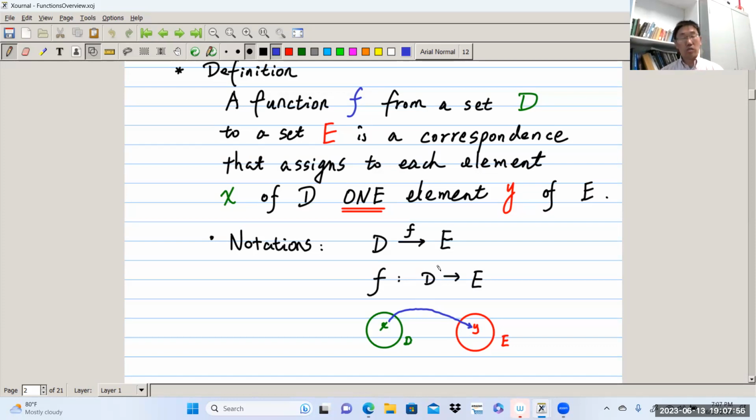Each input is from this collection D, and each output is in the collection E. That's why we have D right arrow E. It's a mapping from D to E. Sometimes you see this graphic representation of a function, where we use a circle, or sometimes other shapes, to denote a collection of inputs and a collection of outputs, and then you draw an arrow here.